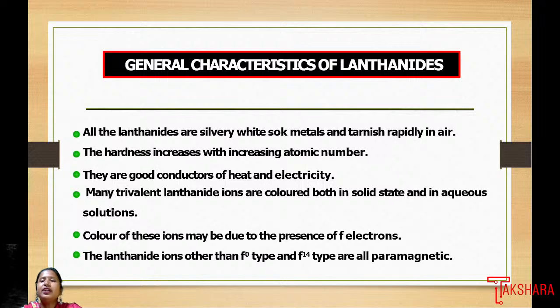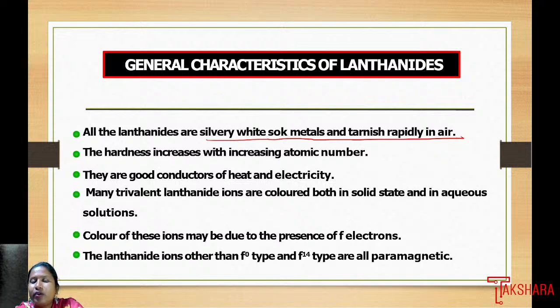Next we have general characteristics of lanthanides. All the lanthanides are silvery white soft metals and tarnish rapidly in air. So all lanthanides are silvery colored, white soft metals, and when combined with air they tarnish immediately. That silvery or white color shades when they are treated with the air.